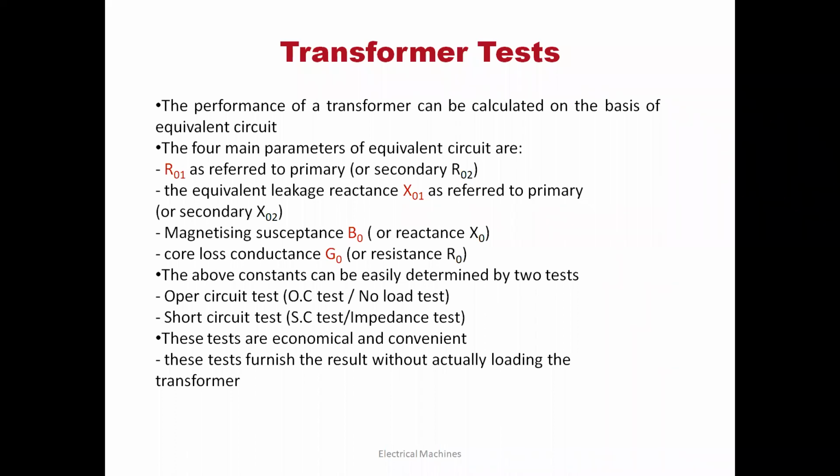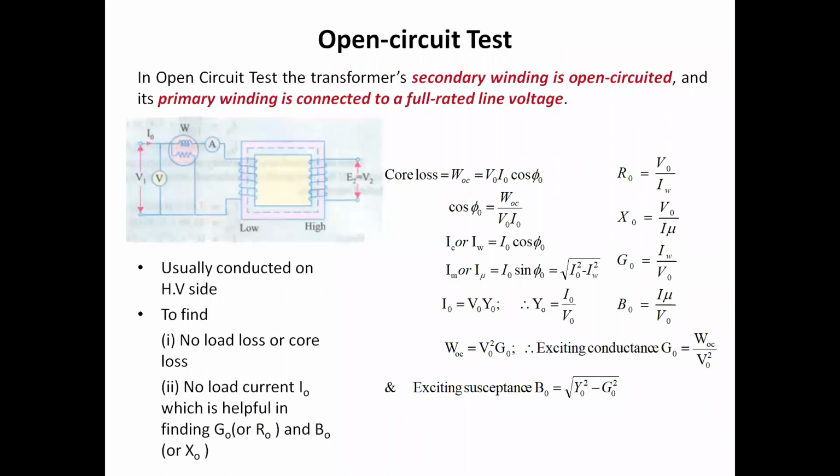Then we can calculate the performance, which means efficiency and voltage regulation. By the no load test, we calculate the no load current, then the two components of no load current, the equivalent magnetizing branch components R0 X0, and no load losses, that is core loss.